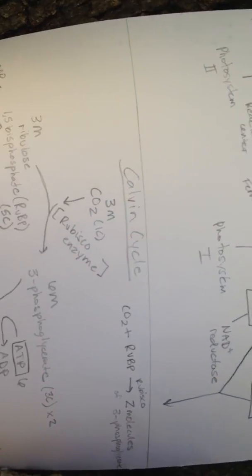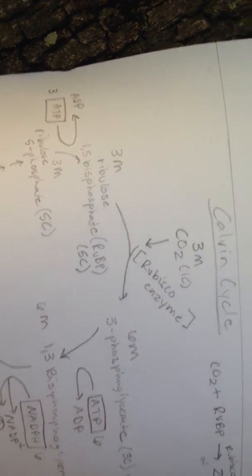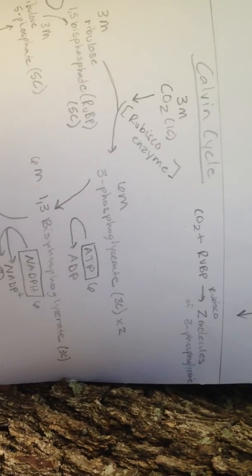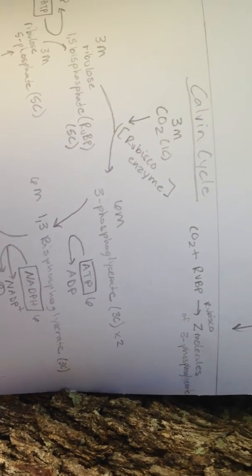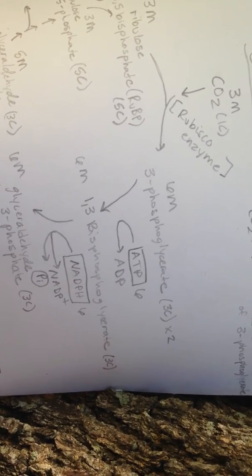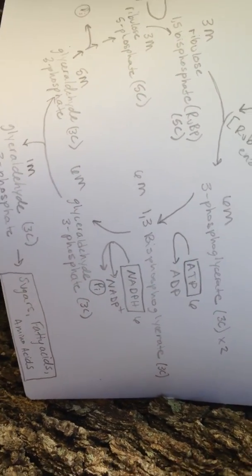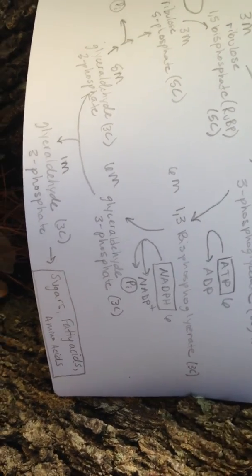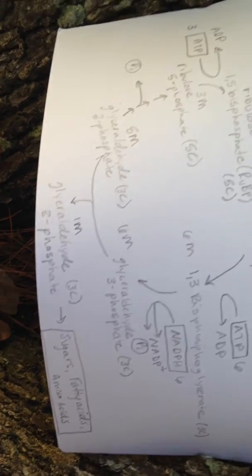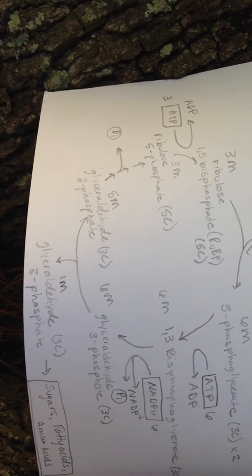We take 3 molecules of CO2 with 3 molecules of RuBP, and that makes 6 molecules of 3-phosphoglycerate. Then we come down to 6 molecules of 1,3-bisphosphoglycerate, then 6 molecules of glyceraldehyde 3-phosphate, and we take one of those molecules to make a sugar. That leaves us with 5 molecules, which is what we want.